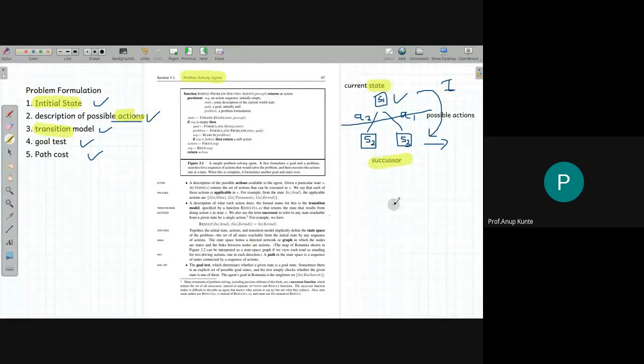That was the whole idea of the problem solving agent. And if S2 or S3, any one of them is a goal state, then I need not continue expanding further using the transition model.